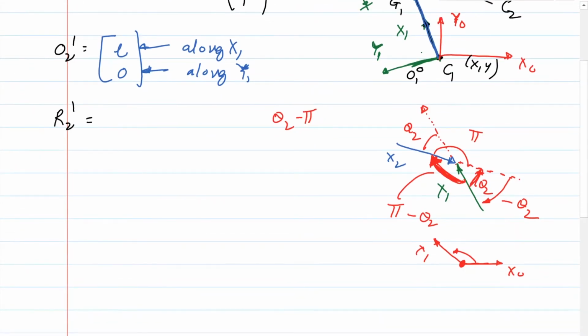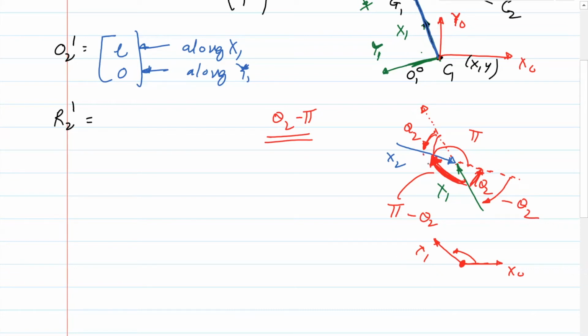Something is not right. Theta 2 minus pi. Okay, we can maybe look at it this way. This is theta 2. So this is pi. So that angle is pi minus theta 2.